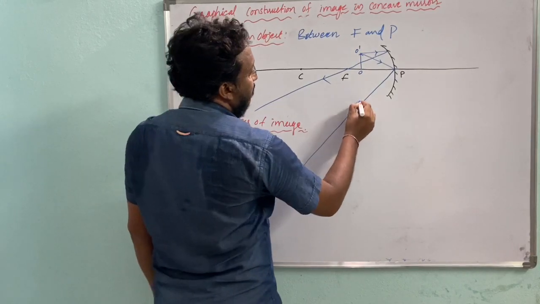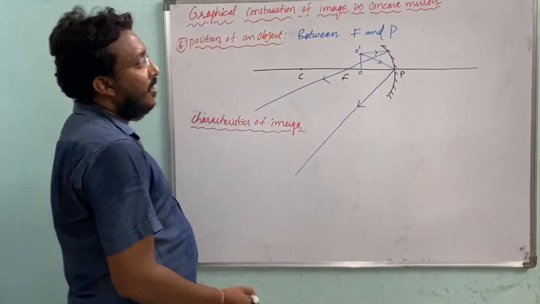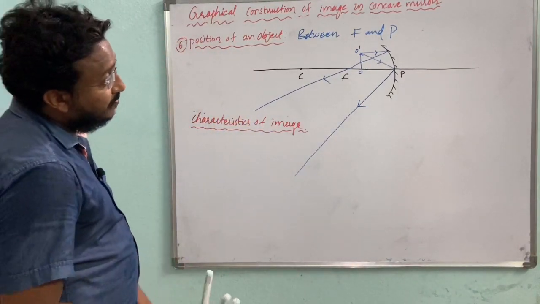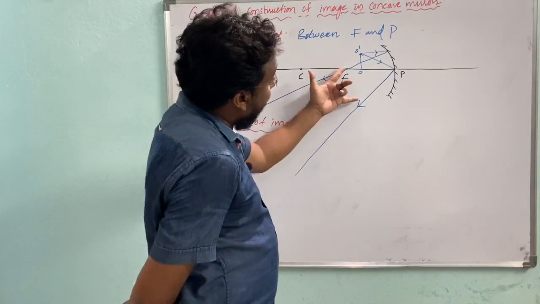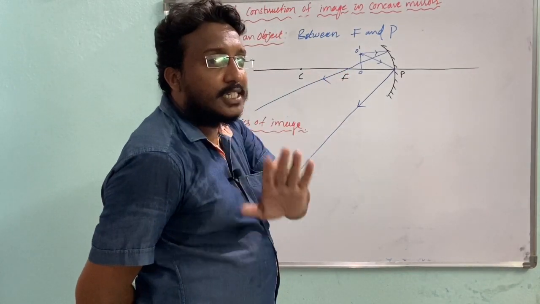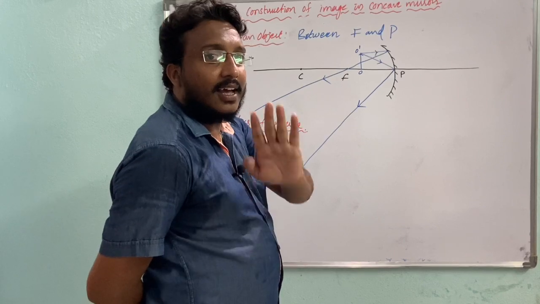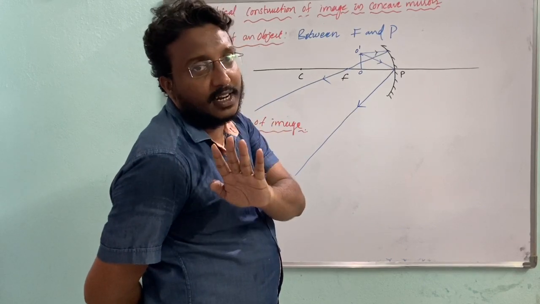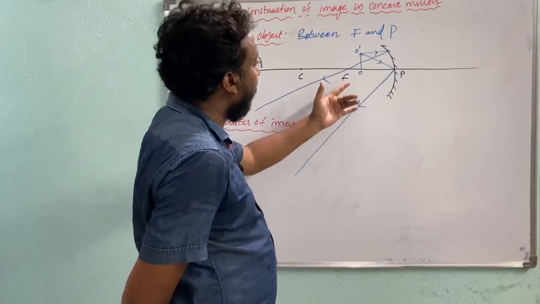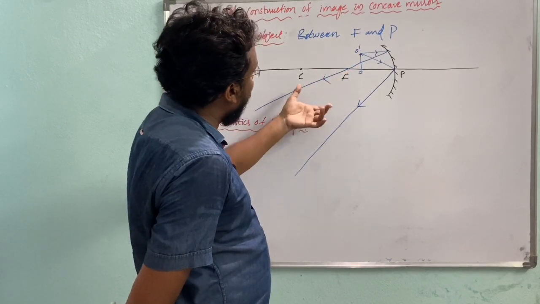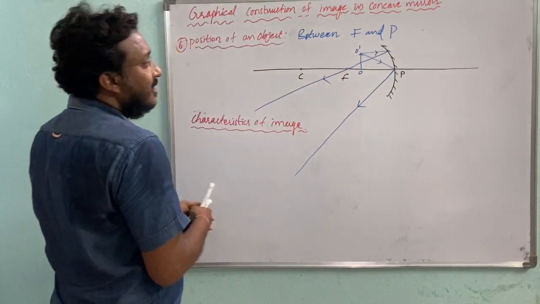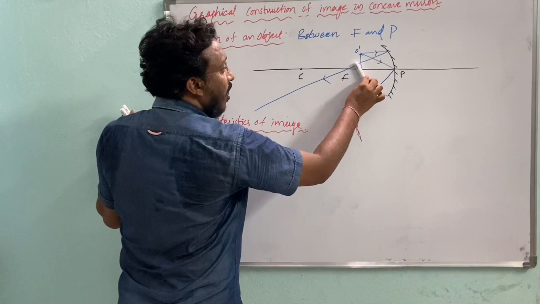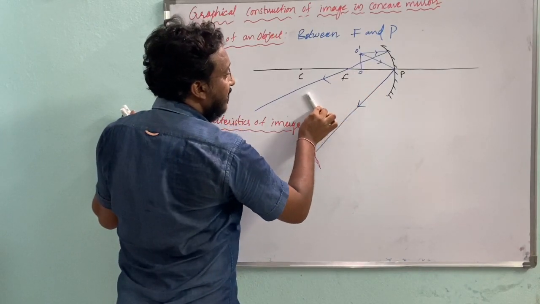Here you have to notice one thing. An image is formed by the converging of two reflected rays, and that is a real image. Is there any chance to converge here? These rays are diverging, see, their separation is increasing.